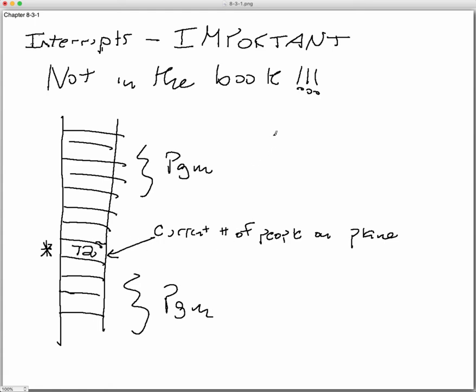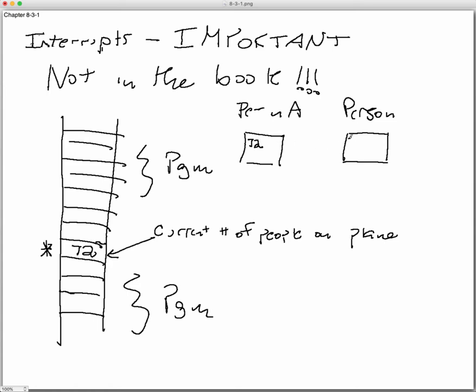Okay, and over here, person A. I don't know why I'm having so much trouble with my tablet today, but I seem to be. And here's person B. And they are both sitting in front of their terminals. And they're looking at this particular flight. So they're both running a program, and they want to know how many people are on the flight, and this thing comes up there, and it says 72.